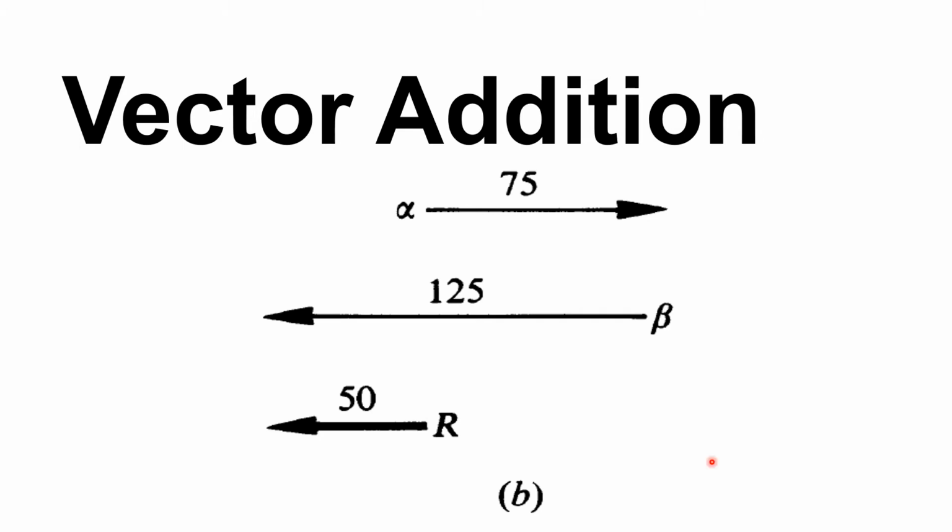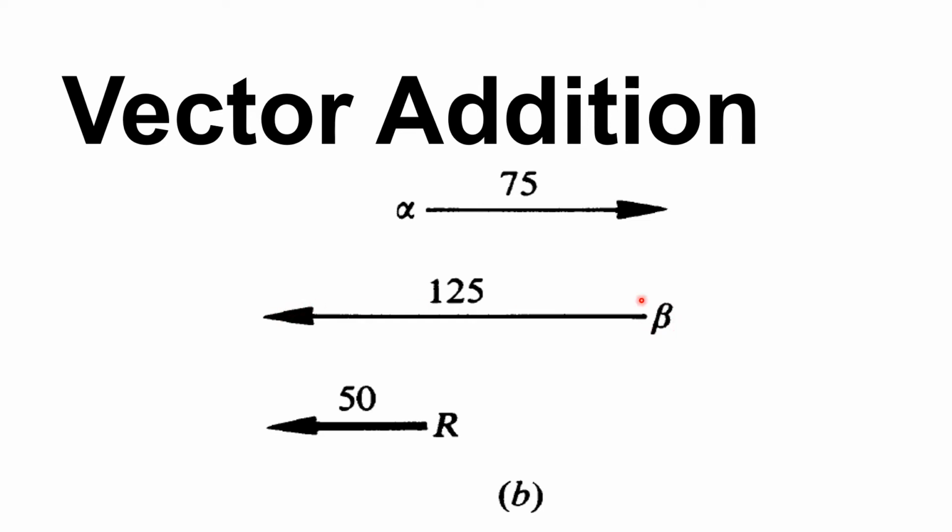If two vectors have opposite directions, their resultant is a vector R whose magnitude is the difference, greater magnitude minus smaller magnitude, of the magnitudes of the two vectors and whose direction is that of the vector of greater magnitude. For this example, vector alpha has a magnitude of 75 and a direction of east, and vector beta has a magnitude of 125 and a direction of west.